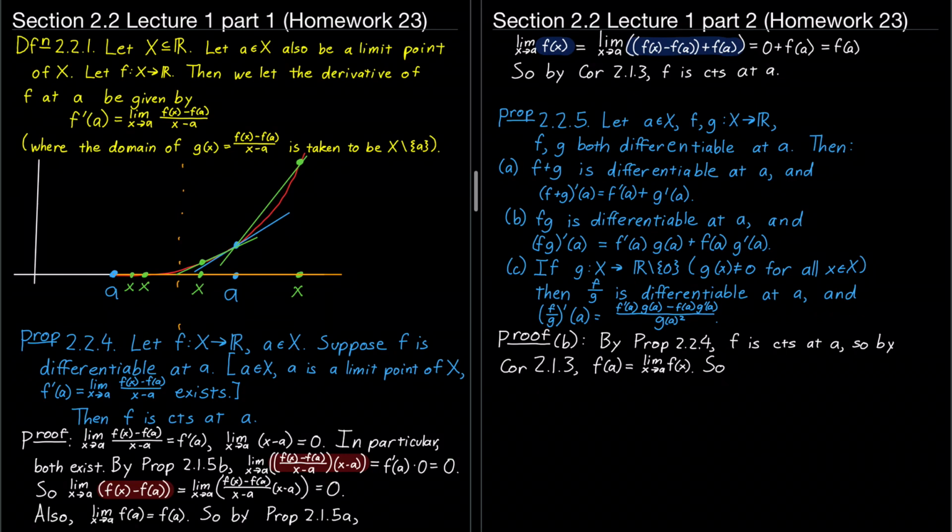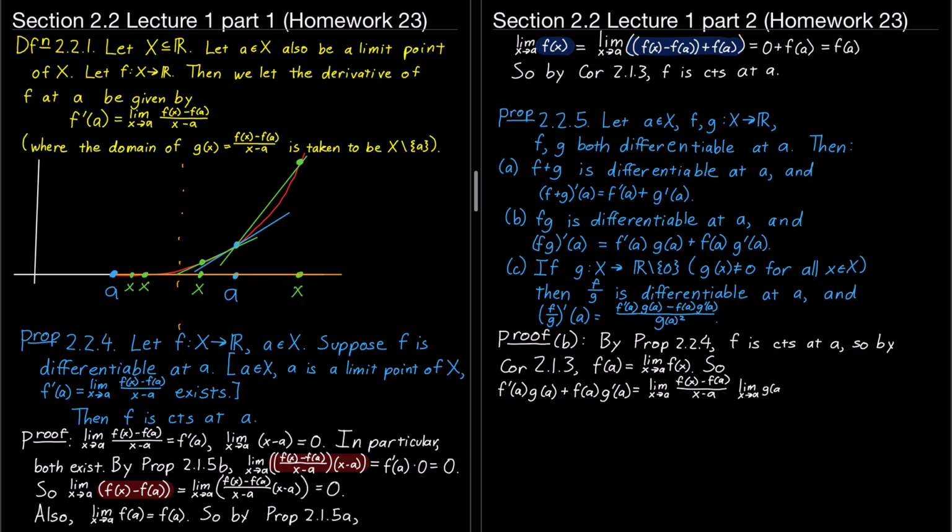So let's write this down. We're going to write f prime of a, g of a, plus f of a, g prime of a. F prime of a, by definition, is the limit as x approaches a of f of x minus f of a over x minus a. And then g of a is a constant. We discussed this in the last proof.